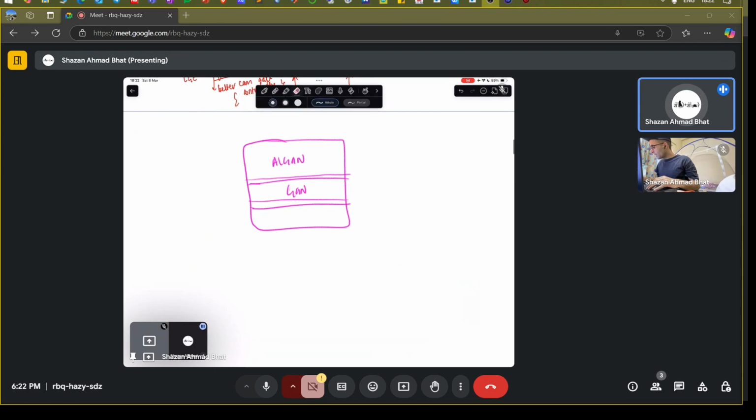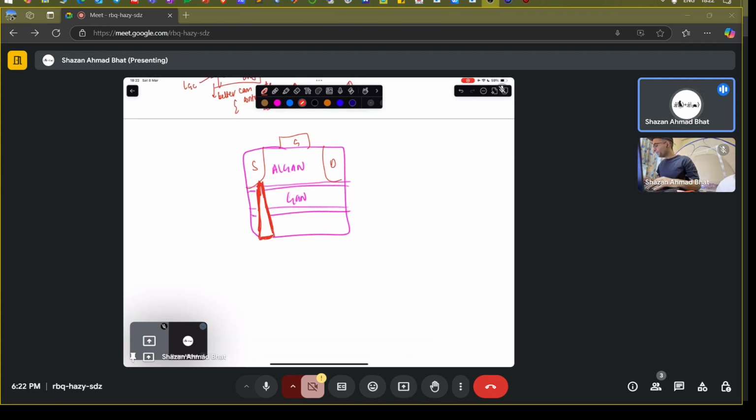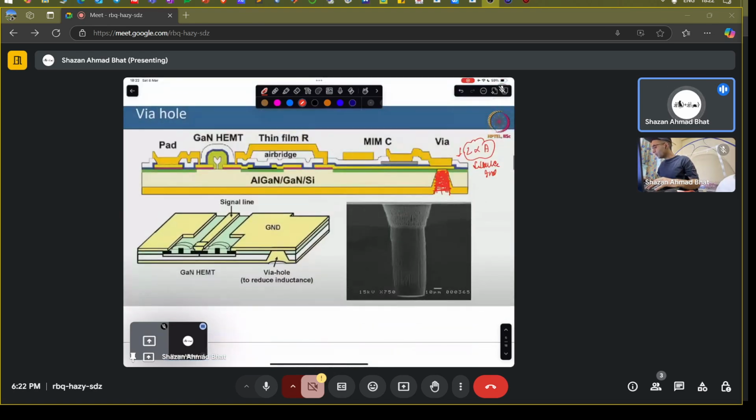If you have a source here, a drain here, and a gate here, this layer is etched to reach the source to make something called a via hole. So this is the via hole, so that you can have a common ground. It comes from the bottom of the wafer to the top of the wafer. That has been discussed in previous lectures about these via holes, commonly discussed a lot of times.